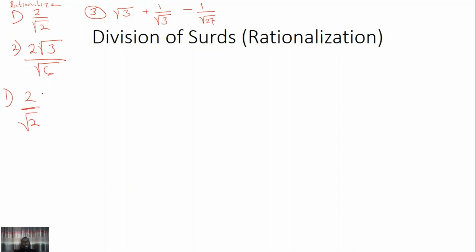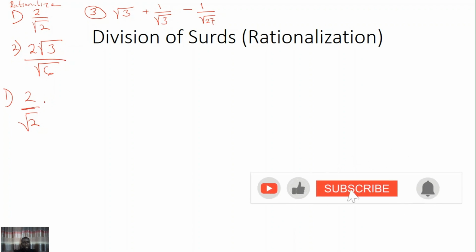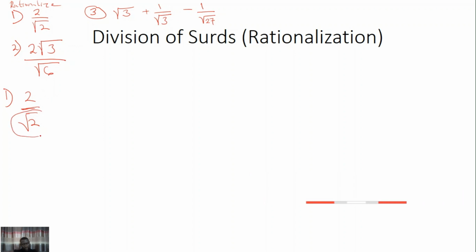For this fraction, to rationalize it, we multiply both the numerator and the denominator by the denominator, meaning that we are going to multiply the numerator by root 2 and also the denominator by root 2.